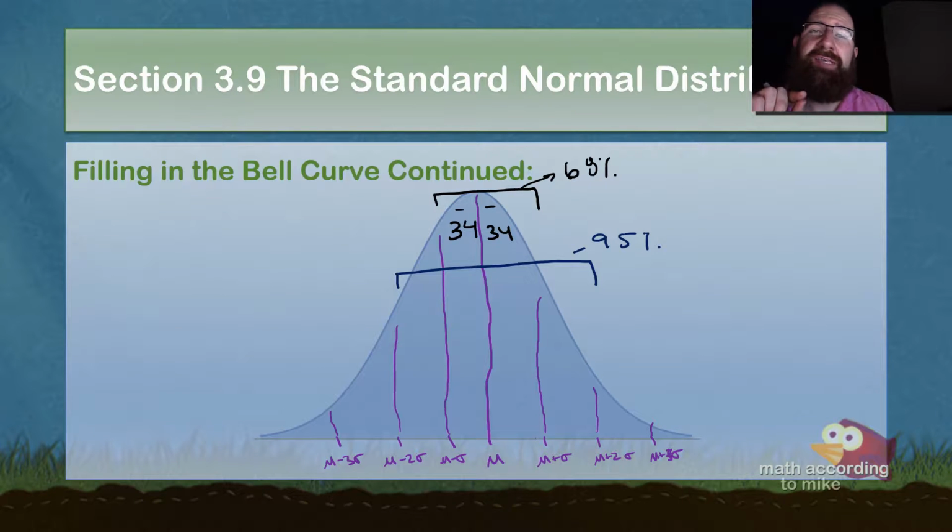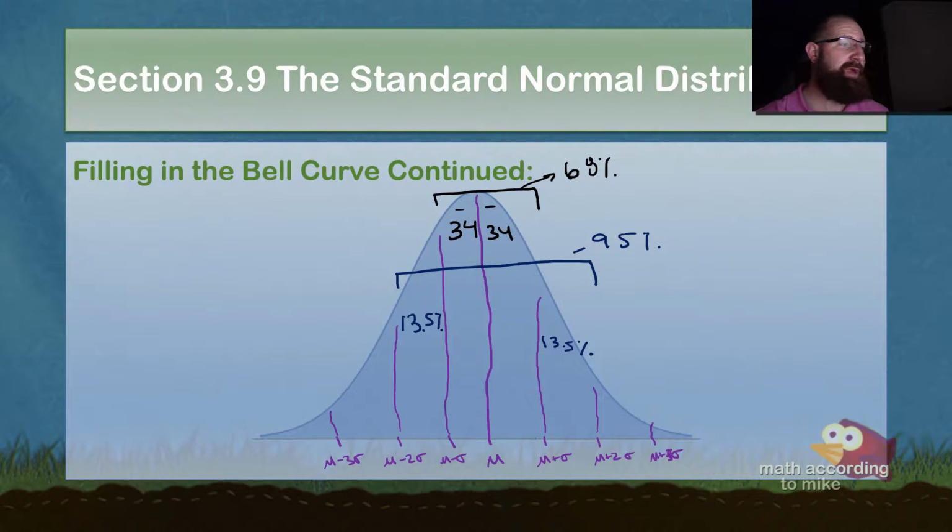So if you take 68 from 95, that gives you 27. 27 divided by 2 makes 13.5. So these 2 sections out here represent 13.5%. So all 4 of those sections now, if you check, should add up to 95%.